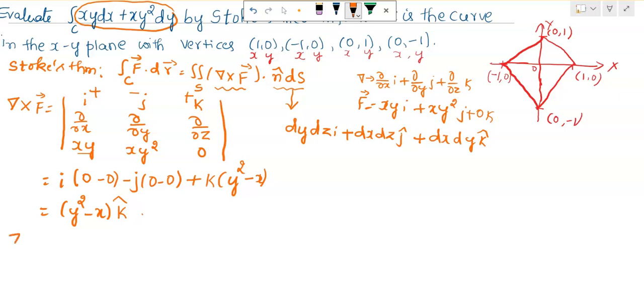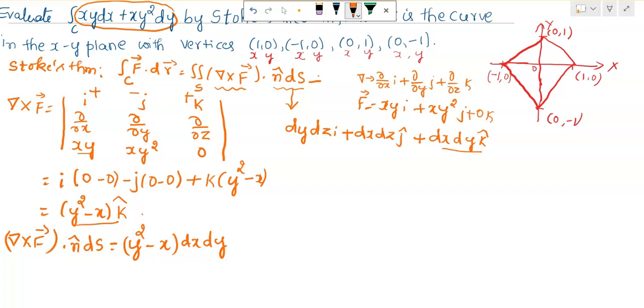So based on this, the nabla cross F vector, we have to take the dot product with n cap into dS. See, the i and j components are not present in the nabla cross F vector. That means the i and j coefficients in nabla cross F vector are 0. So when we take the dot product, you will get 0 only. So therefore, you have to take the dot product with only the k component. The rest of the value is 0. So k dot k is 1. So we got y square minus x into dx dy.